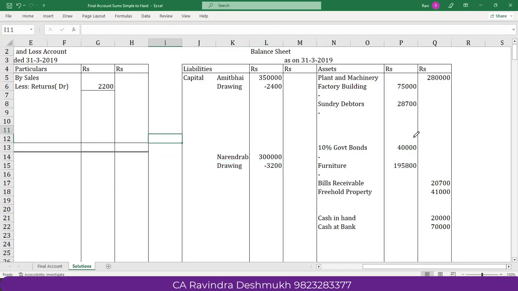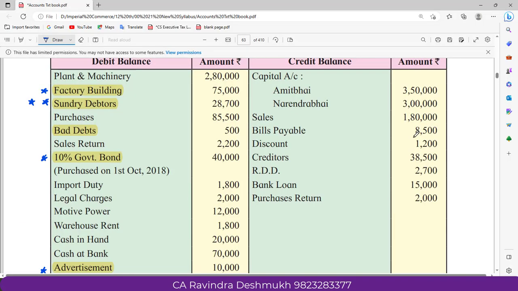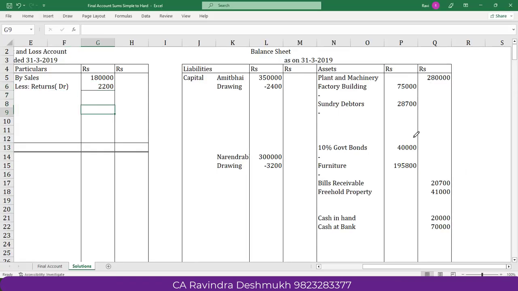Sales 1,80,000. Bills payable 8,500, that is to be written on the liability side, 8,500.